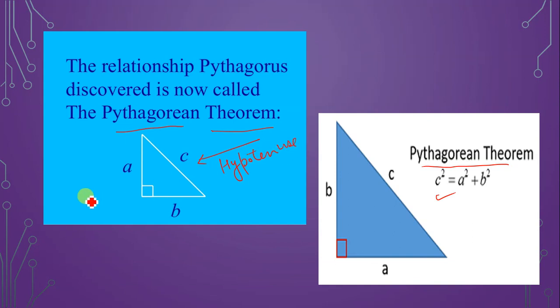Hypotenuse. This is the perpendicular. And this is what? Base. Clear? So the square of hypotenuse will be equal to the sum of the squares of base and perpendicular. Clear?